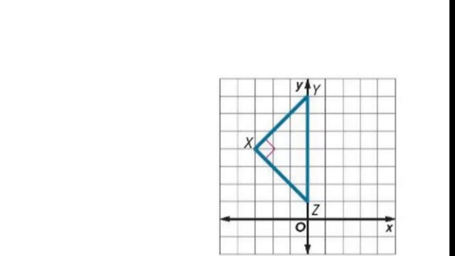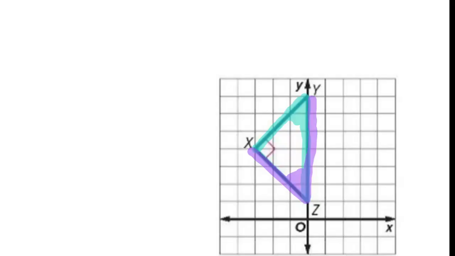All right, so angle XYZ, X up to Y, down to Z. So we're looking for this angle up here in the top corner, and angle YZX. That would be this angle down in the bottom corner. So basically angles Y and Z is what we've been asked to find here.